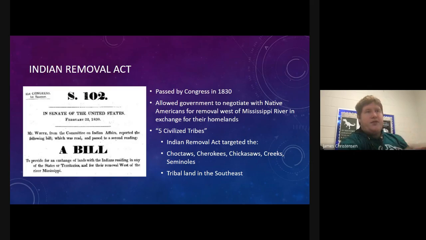Mind you, that is just their view of that. Specifically, it was targeted at the Choctaws, Cherokees, Chickasaws, Creeks, and Seminoles, who resided in what we could consider today to be modern Georgia, Florida, Alabama, and Mississippi, that general southeastern region of the United States. And they wanted their tribal lands there.